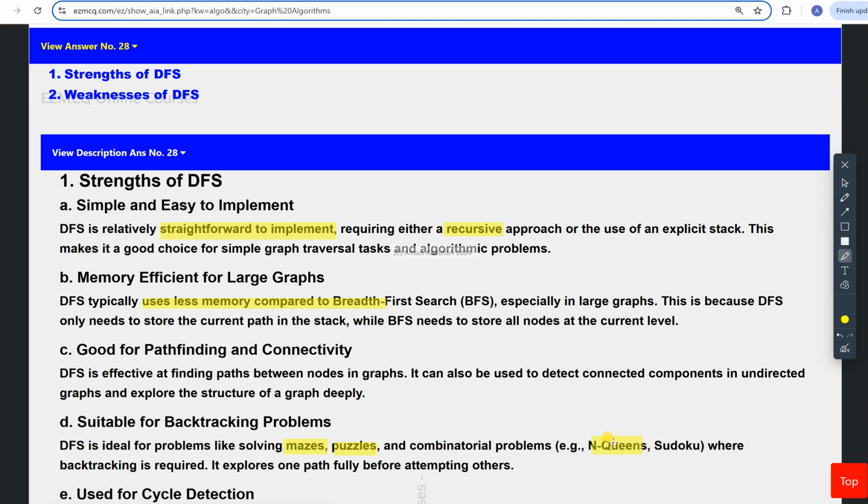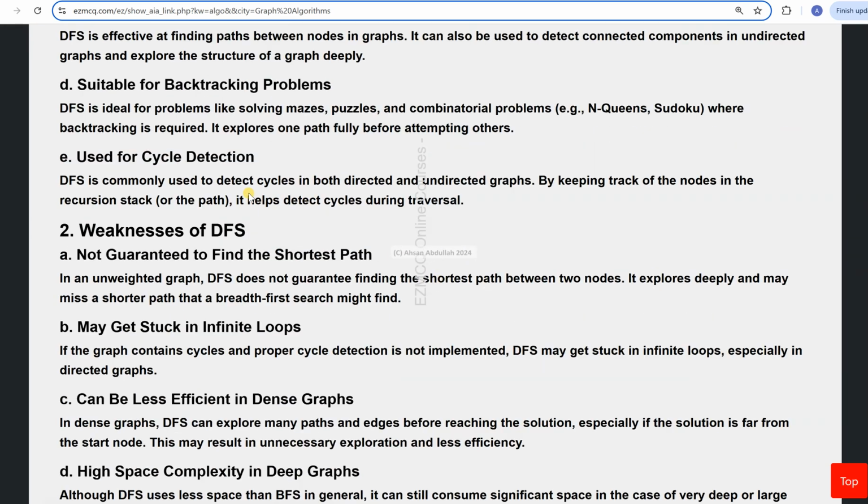It is also non-exhaustive: it explores one path fully before attempting the others. It is also used for cycle detection, using the edges.